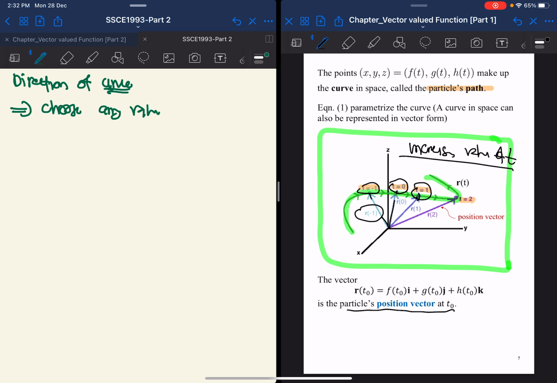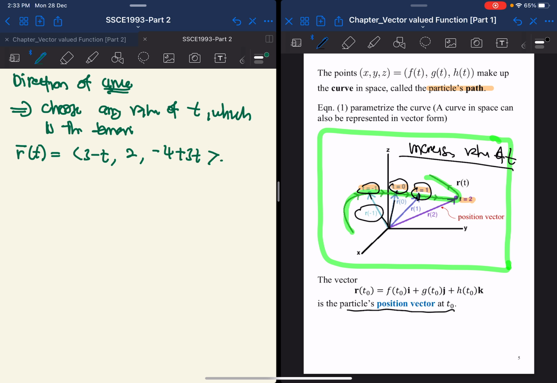any value of t which is in the domain. Based on the given vector function, we know that there is no restriction for values of t, with 3t here. It's not like the previous example that I showed you, because we were dealing with a fraction and also with ln.